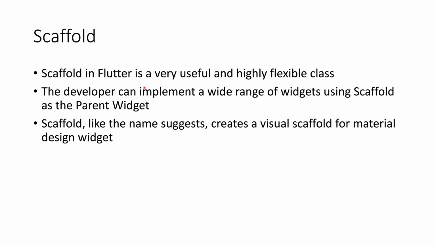All the widgets, all the combinations of widgets, be it text boxes, anything, you can then put those widgets within this scaffold class. So scaffold, like the name suggests, creates a visual scaffold, and all the material design widgets, as I told you, material is your design language in Flutter. So all the widgets get a visual design within that scaffold.